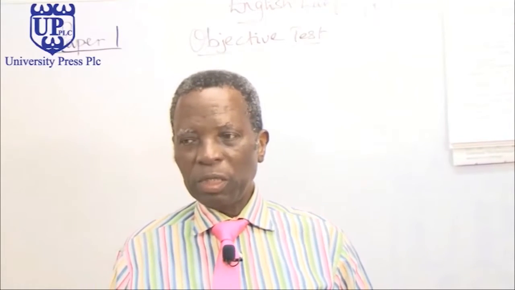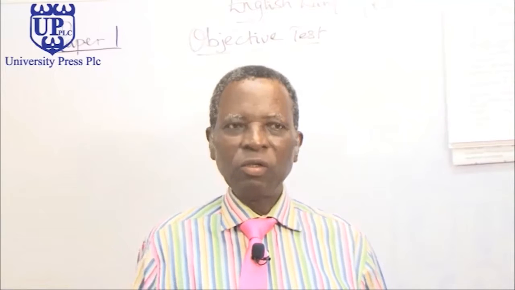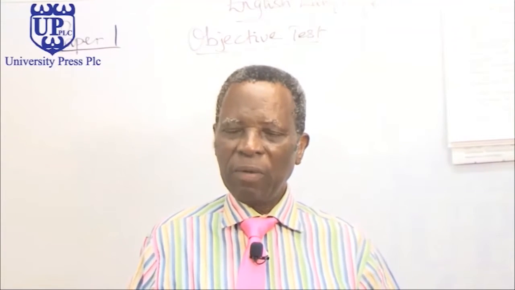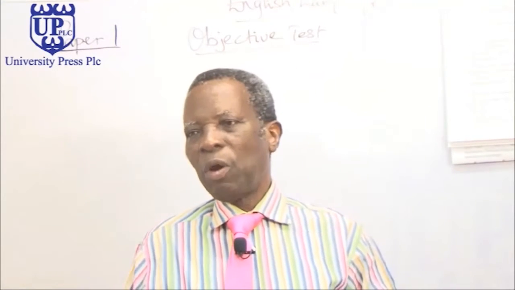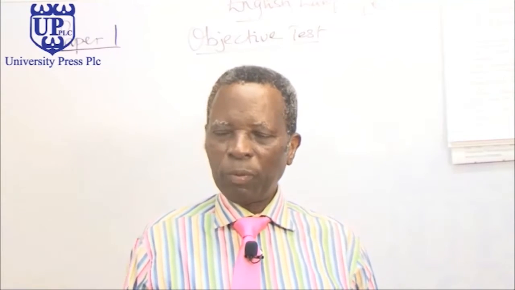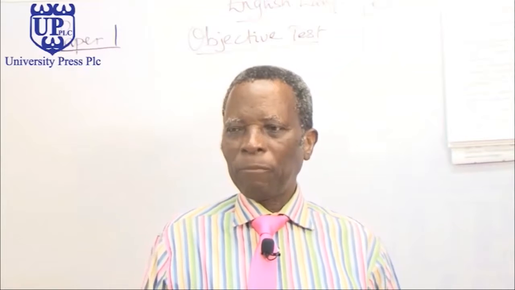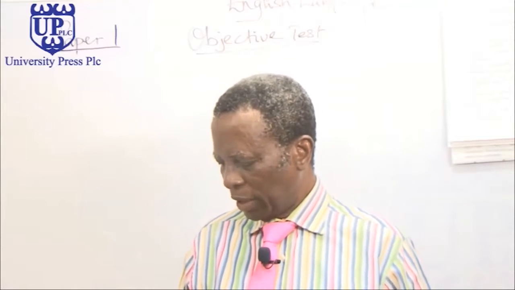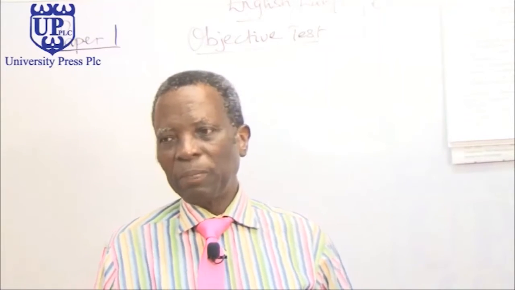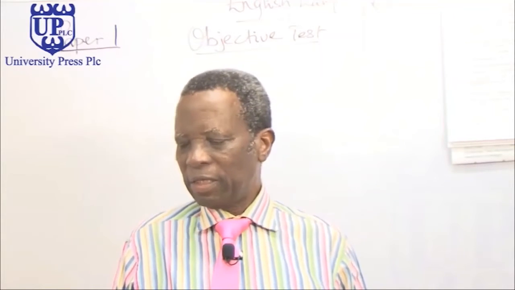Now, because it's a revisional class, we cannot go into all the items of grammar, the noun, the adjective. But in the course of the program, we are going to look at some of the questions that are set in this area, and therefore we'll look at the pattern of the objective test.